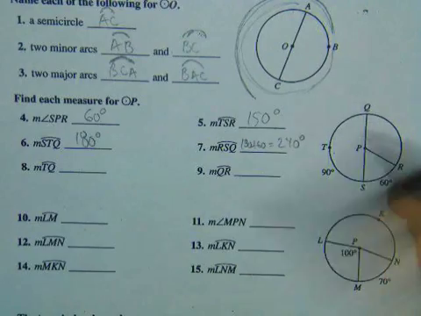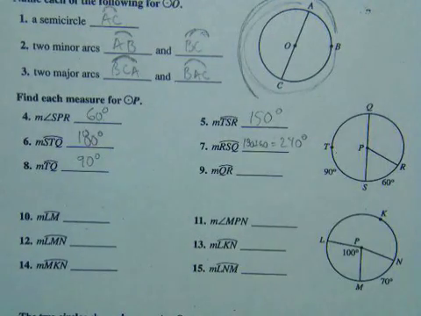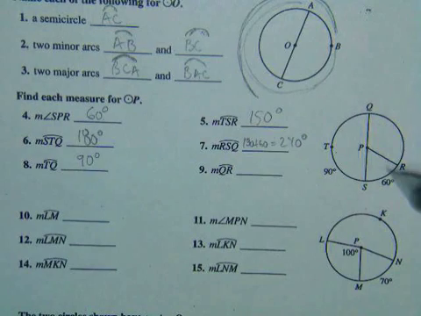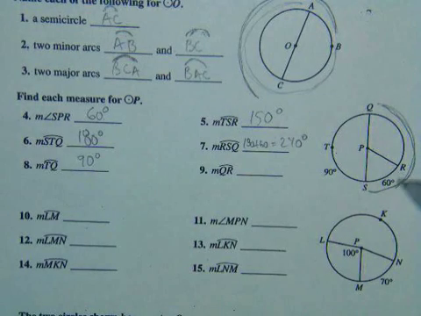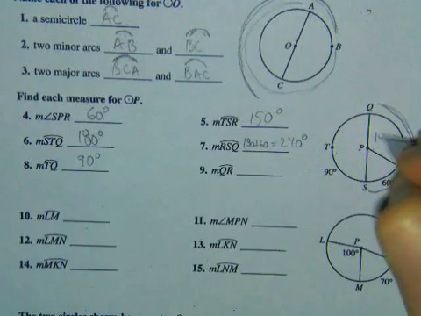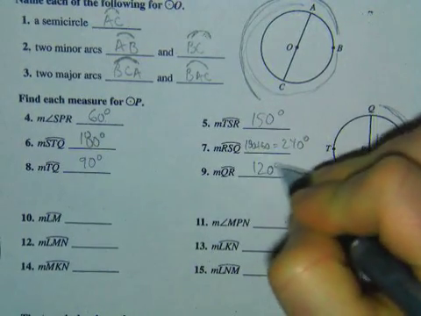That to me looks like 90 using my head. And then QR. Well, you can add the whole thing up, or you can just look at this half of the circle. You know that half's going to be 180, and you got 60 left here, so 180 minus 60, 120.